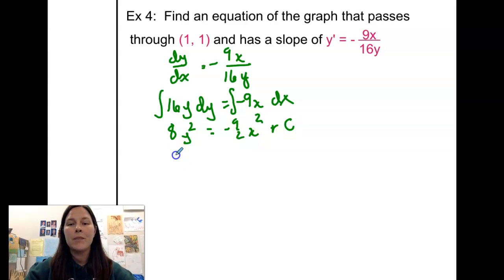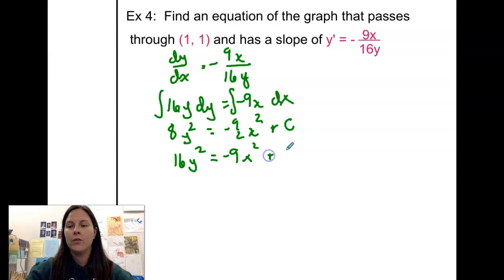All right, since I'll be subbing in 1, 1, and I don't want to deal with the fraction, I'm going to go ahead and clear that now, multiplying everything by 2. And of course, a constant times 2 is still just some sort of constant.